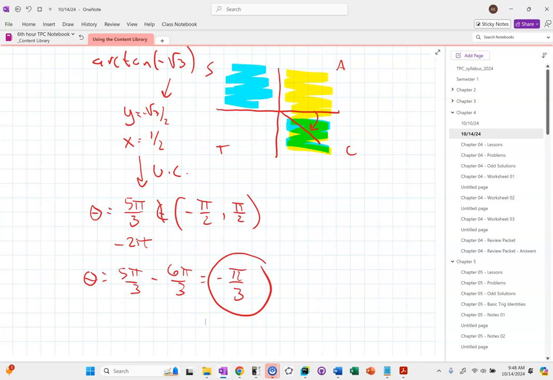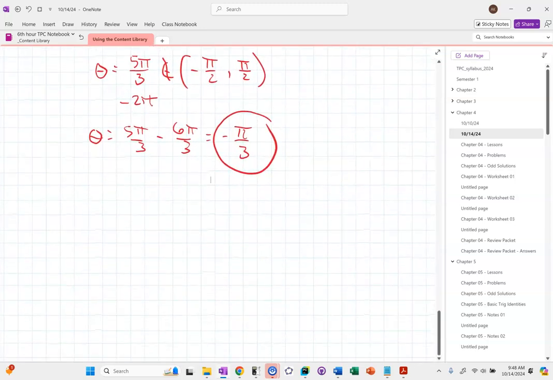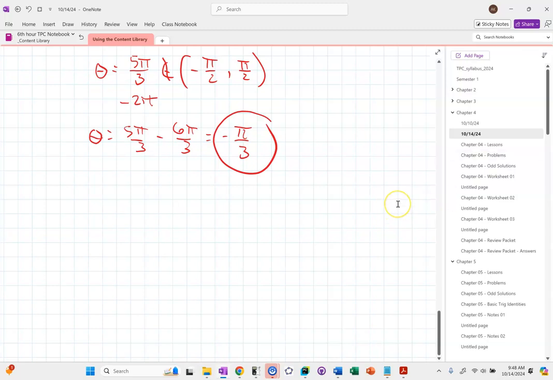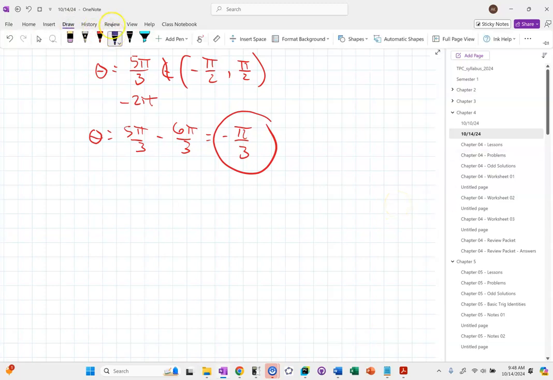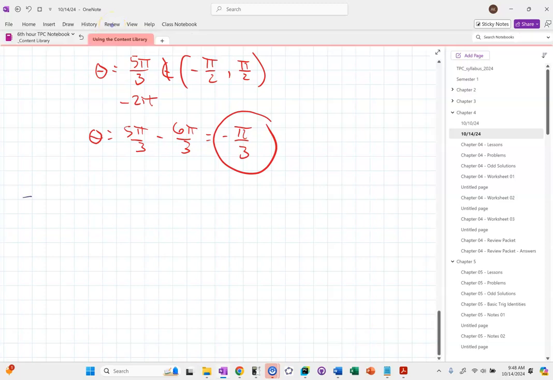There's one more type of problem that I want to talk about. Okay. New example here. What if we have an inverse trig function with basically no numbers?